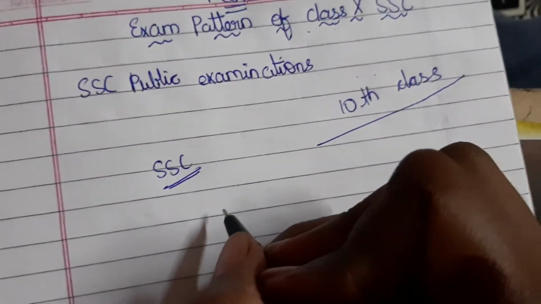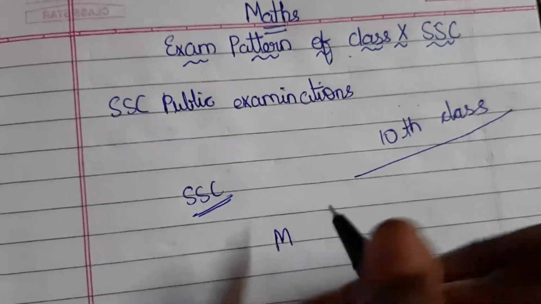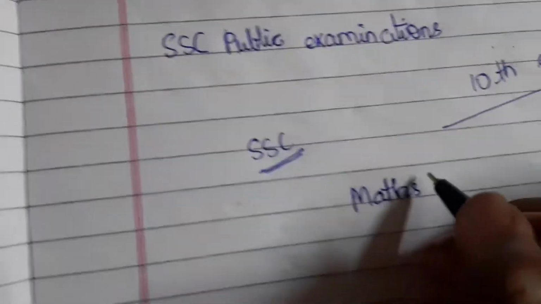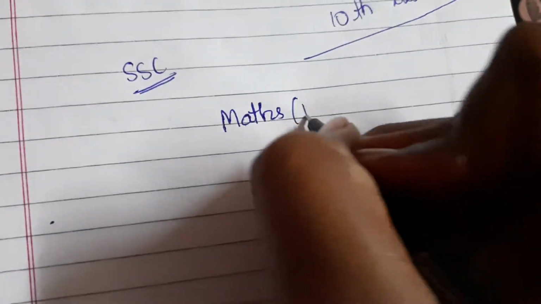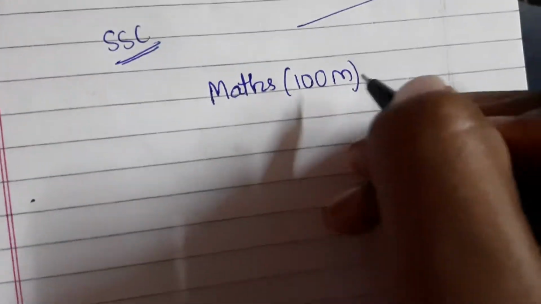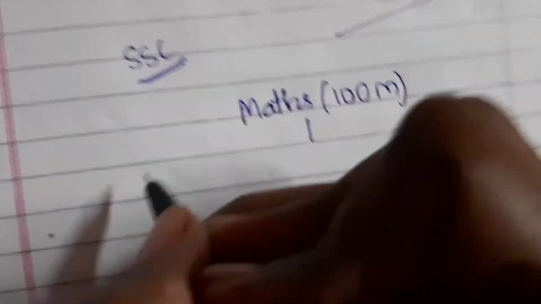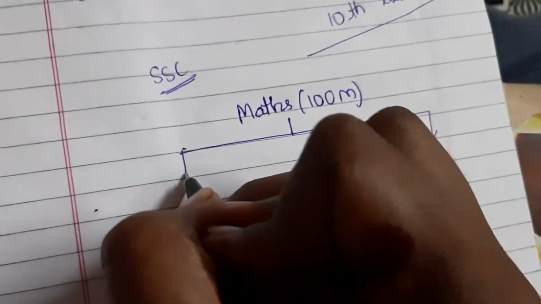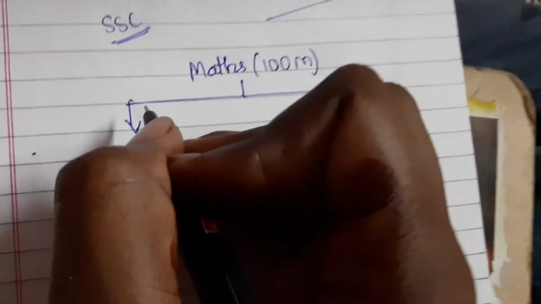In these examinations we have a subject maths for how many marks? For 100 marks. Maths consists of 100 marks.